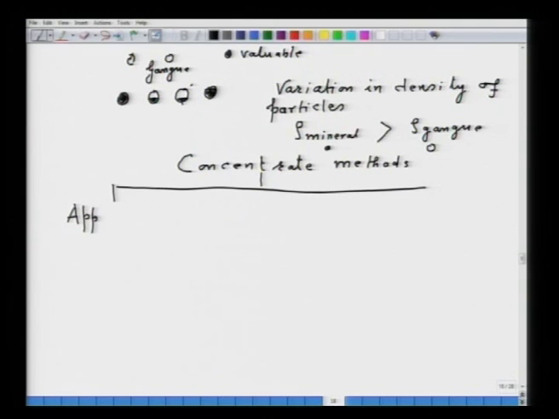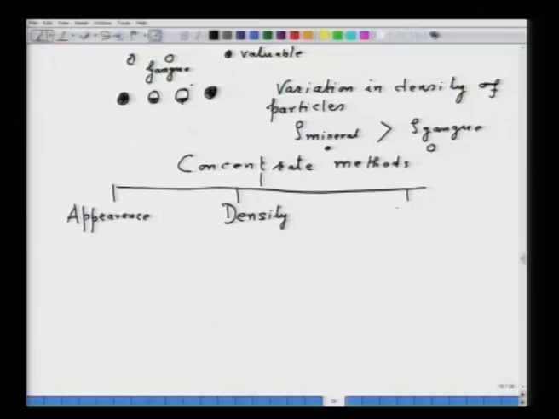If you know the appearance of mineral, they are being sorted out. Another is based on the density, where most of the separation is done based on the density, because the density of the mineral is larger as compared to density of the gangue, and for the density of the particles in between mineral and gangue, one can select the density of the medium, so that separation could be achieved.